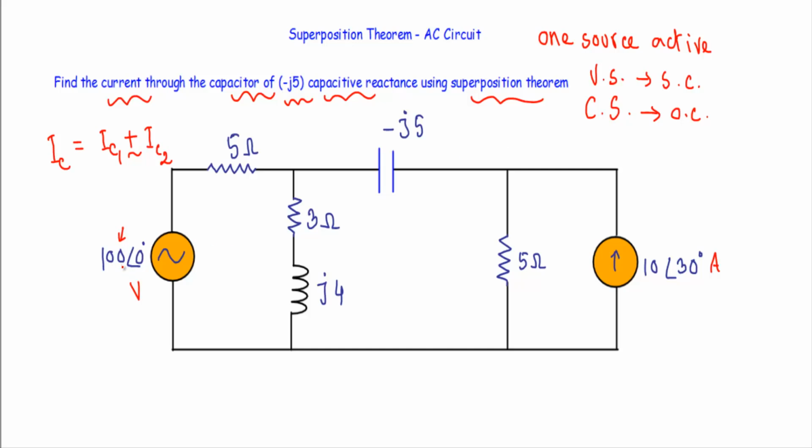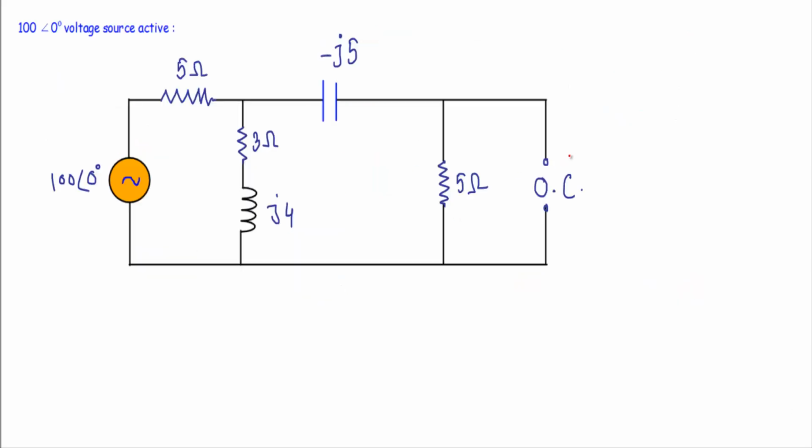So here I will keep this 100 phase angle 0 degree volt active. In that case, this current source will be replaced by an open circuit, and our new circuit will look like this. I have replaced the current source with an open circuit. That means there will be no current flow through this path.